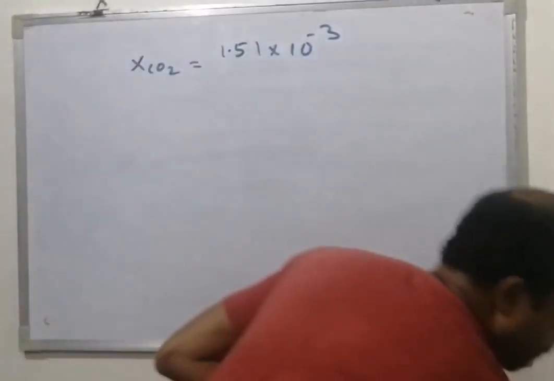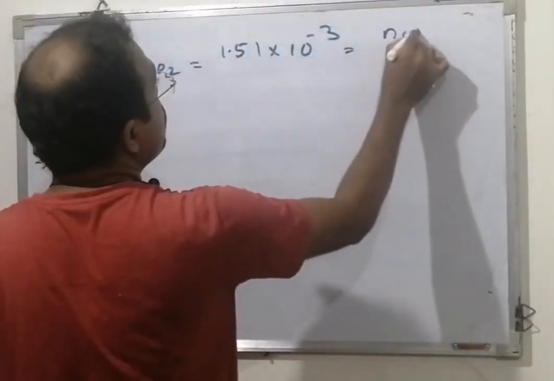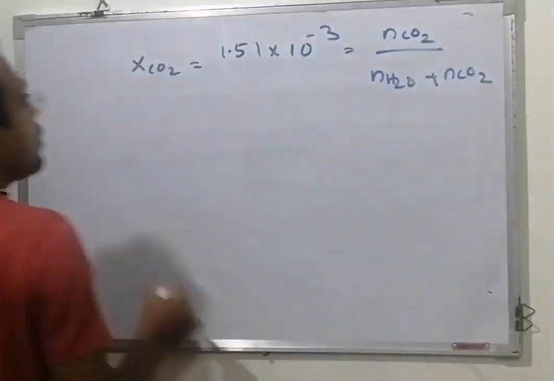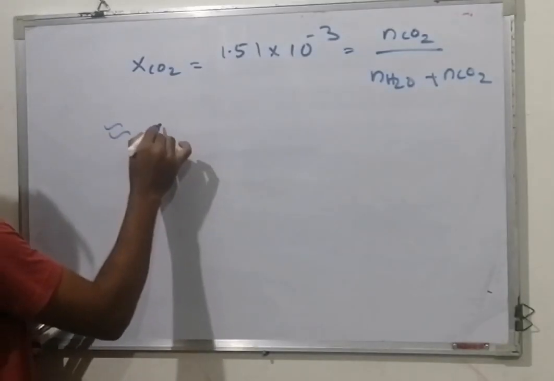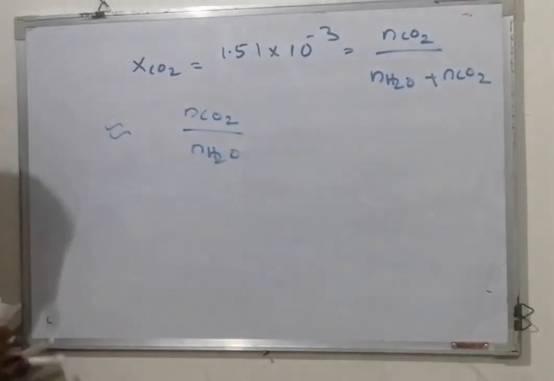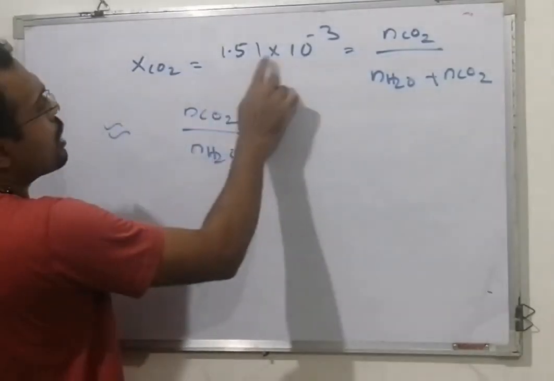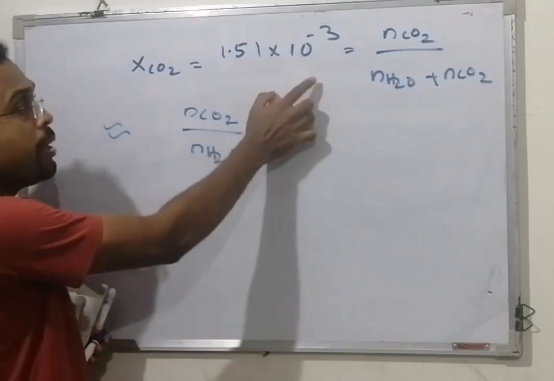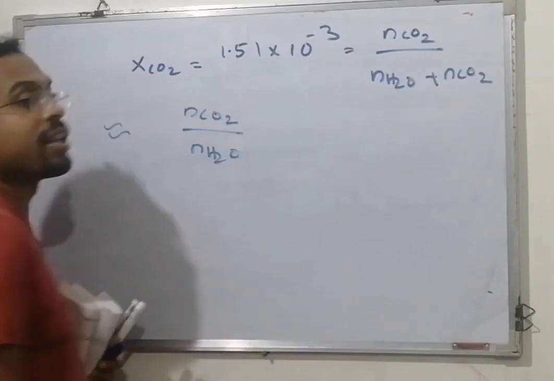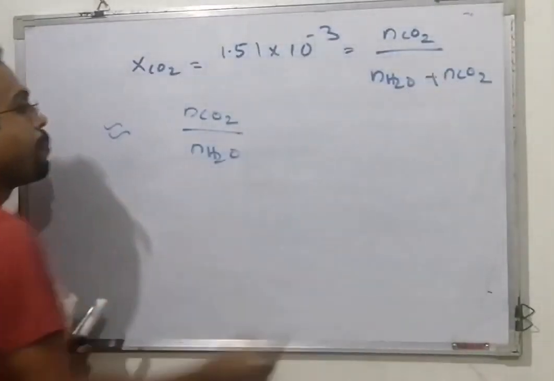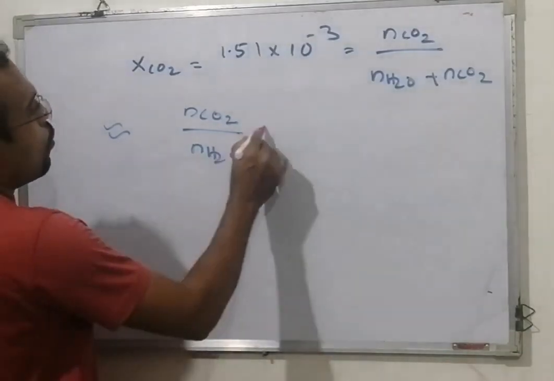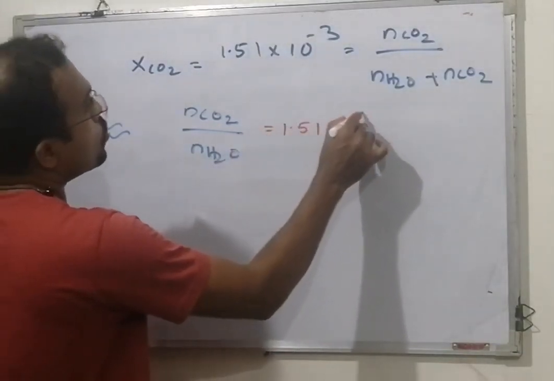This is a mole fraction. It is equal to number of moles of carbon dioxide divided by number of moles of water plus number of moles of carbon dioxide. For convenience, this is taken as number of moles of carbon dioxide divided by number of moles of water, because the numerator is very, very small, so it can be neglected in the denominator. This is equal to 1.51 into 10 raised to minus 3.